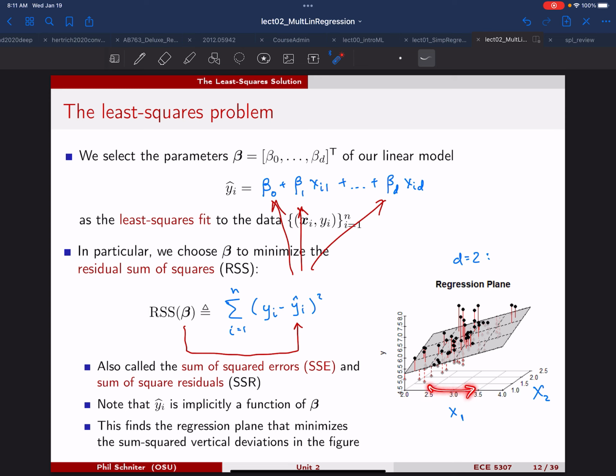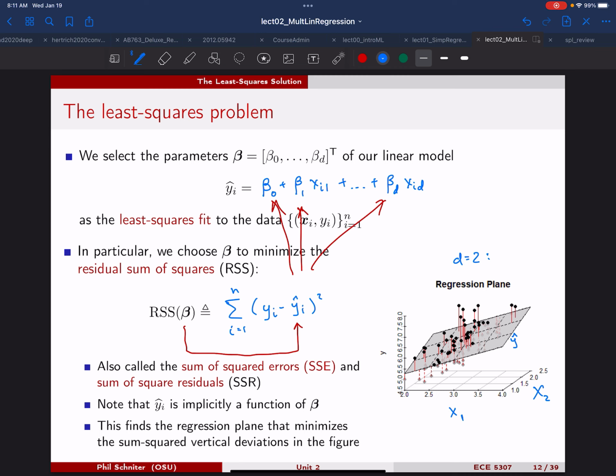So you have your x1 coordinate, your x2 coordinate, and your y coordinate. That gives you all these black dots. And this model here gives you the regression plane. This is a plane as a function of x1 and x2. So as I move x1 and x2 around, I move somewhere on that plane. That's my prediction. So we could say this is your y hat.